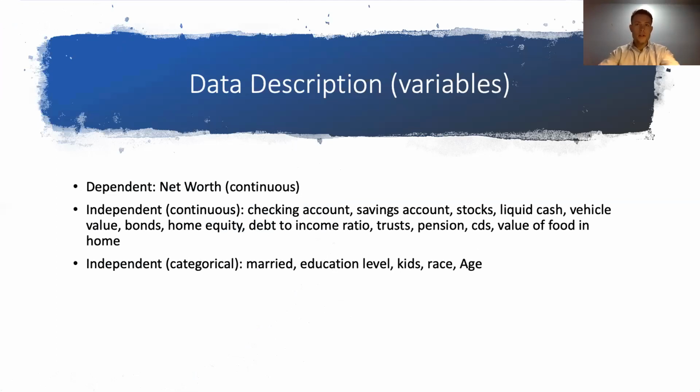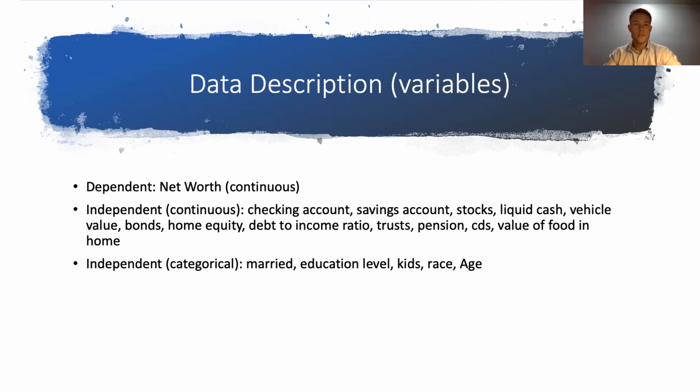So what were the variables that I used? Well, as I stated before, the dependent variable is net worth, which is continuous, meaning it's on a scale from 0 to infinity. And then we had both continuous and categorical independent variables.